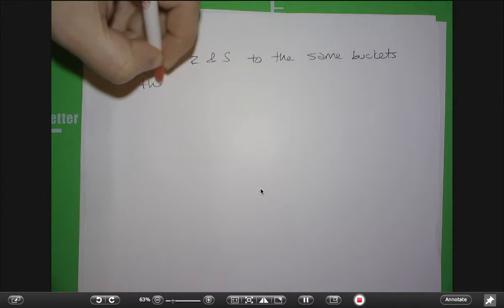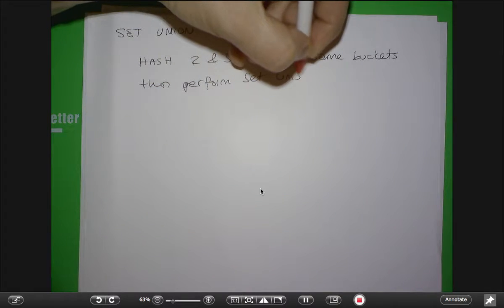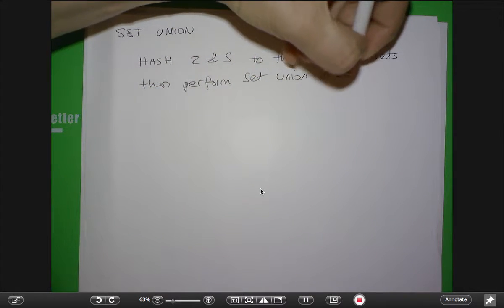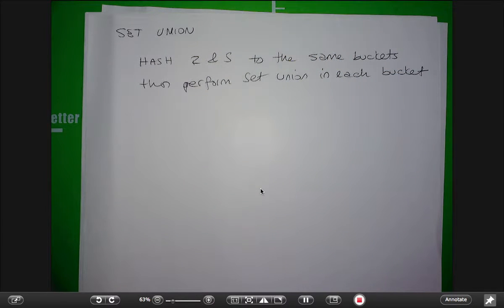Then you would perform the set union in each bucket. And you can do the same thing for any other set or bag operation. So you can hash a single relation, you can hash multiple relations, and it's extremely useful.